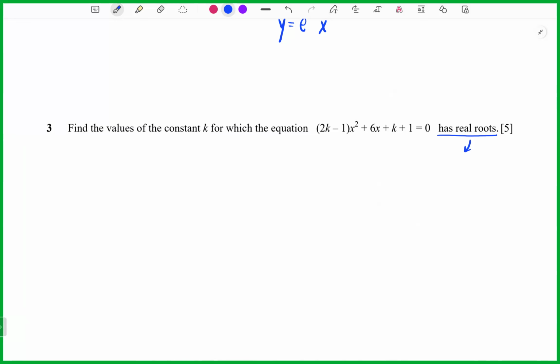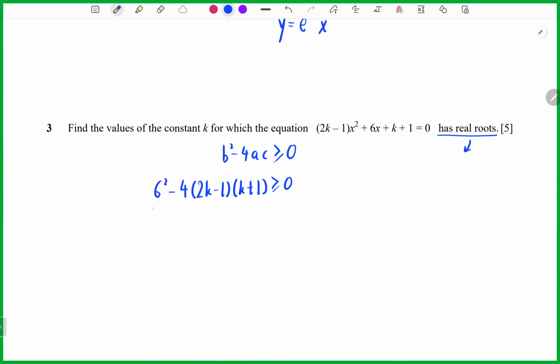So we can write b squared minus 4ac is more than or equal to 0. Let's start: 6 squared minus 4 times (2k minus 1), and then here is k plus 1.